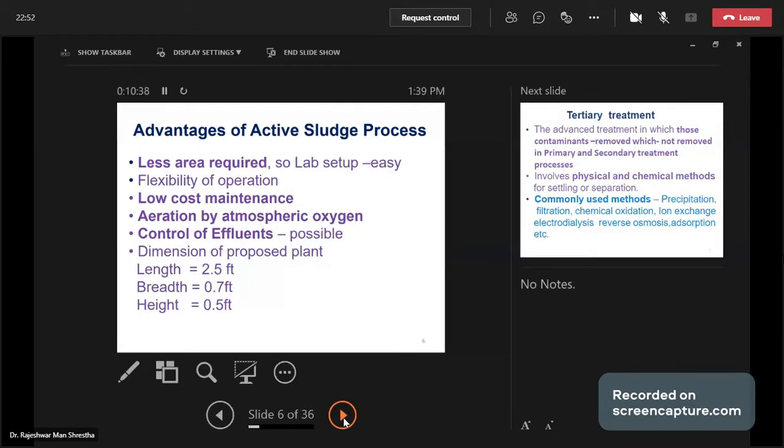For oxidation, atmospheric oxygen can be used, and effluent can be controlled. A large amount of space is not needed, so the life cycle is very easy.